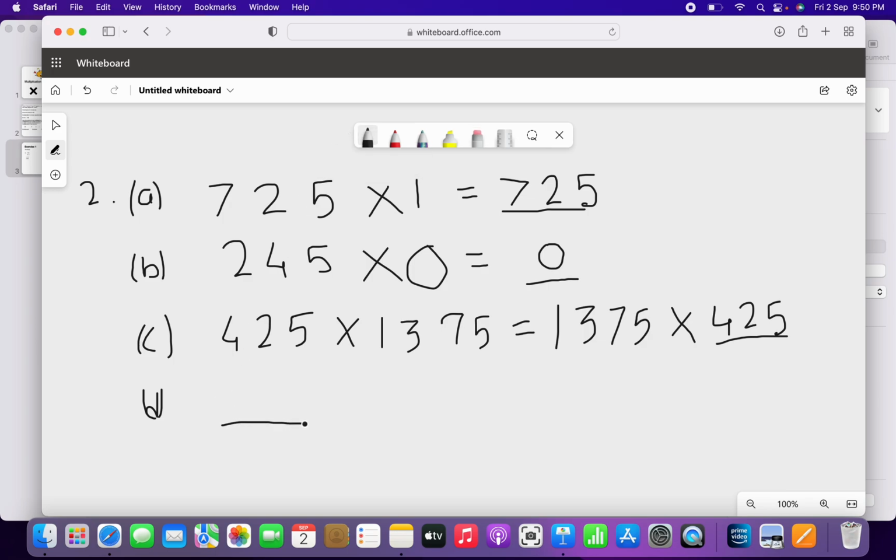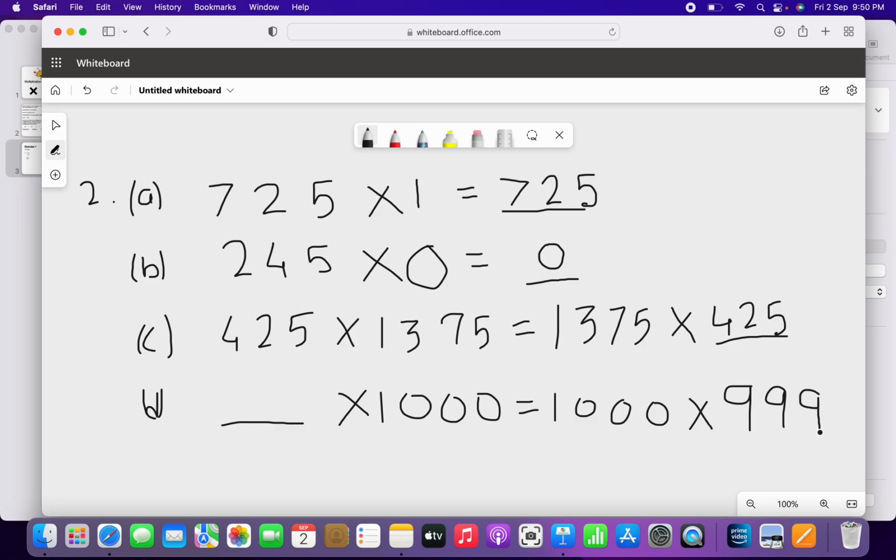So dash into 1000 is equal to 1000 into 999.